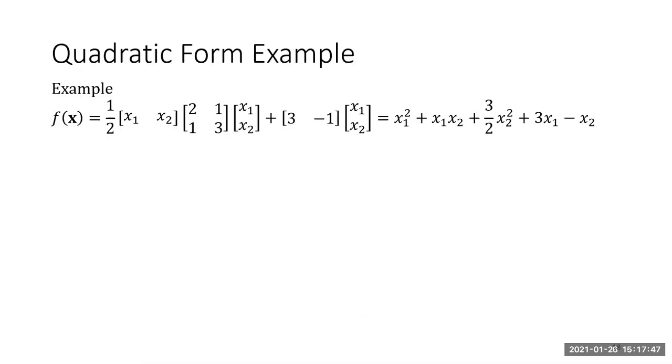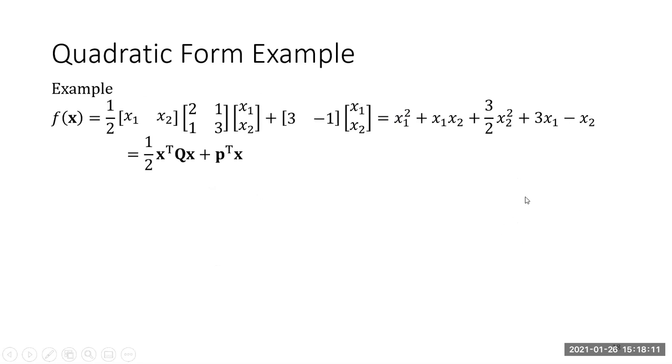Here's an example. f of x is half x transpose, this is Q, this is x, and this is p transpose, 3, 1, and this is x. If you do this multiplication, it simplifies to this.